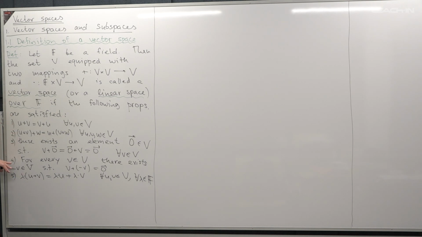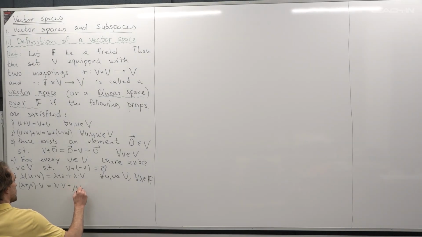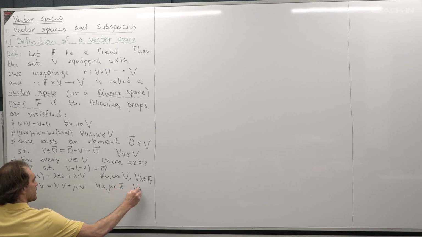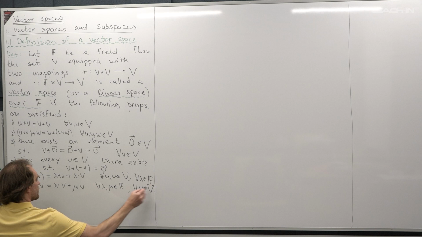In the first part of the definition, we were working only with the elements of the set V. Then the sixth property is that (lambda plus mu) multiplied by v equals lambda multiplied by v plus mu multiplied by v for all lambda, mu from the field and for every v from V capital.